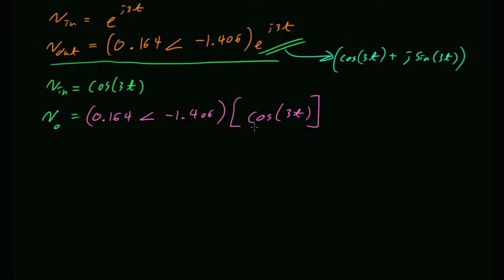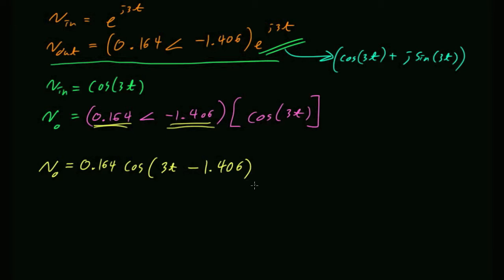What's the amplitude of that cosine? 0.164. And the phase? Minus 1.406. So putting it all together, my final output voltage is 0.164 cosine of 3t minus 1.406. Done.